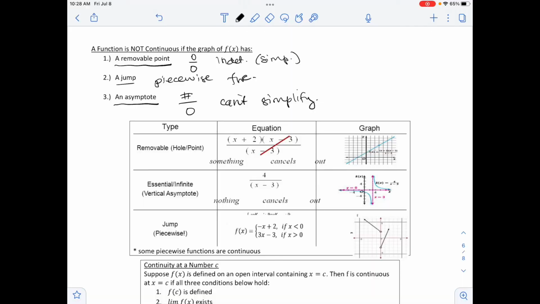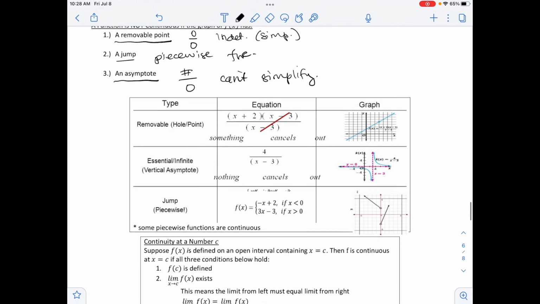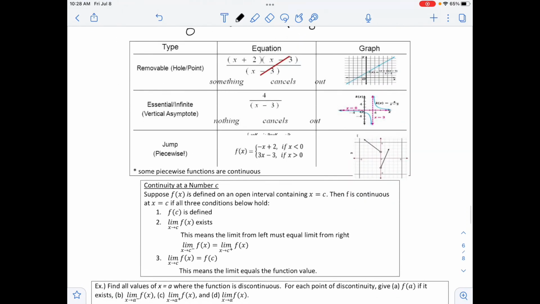So the table right below has a picture of the graph, an example, along with the name of what we have. And note that some piecewise functions are continuous if the left and the right side are equal.